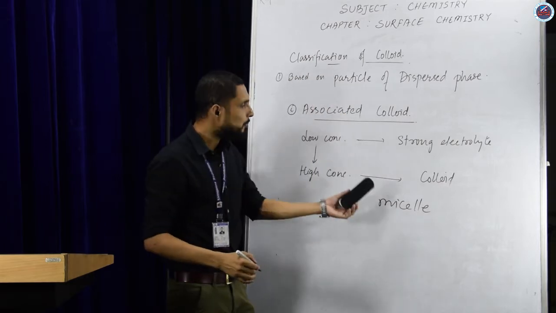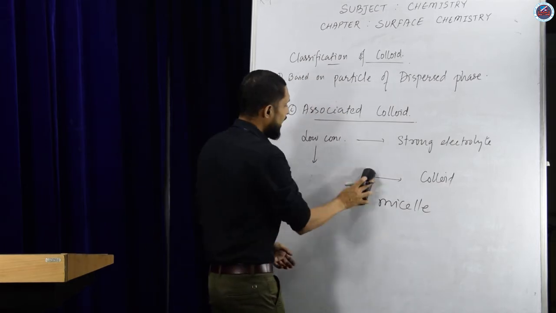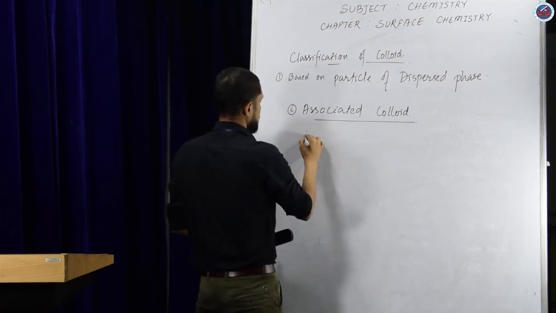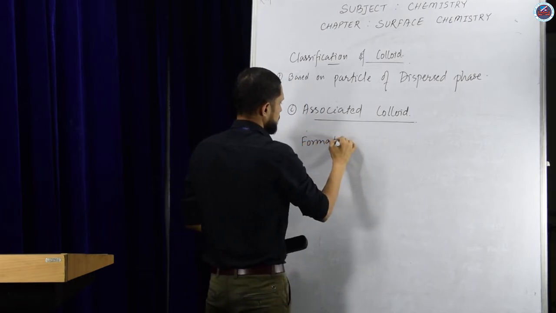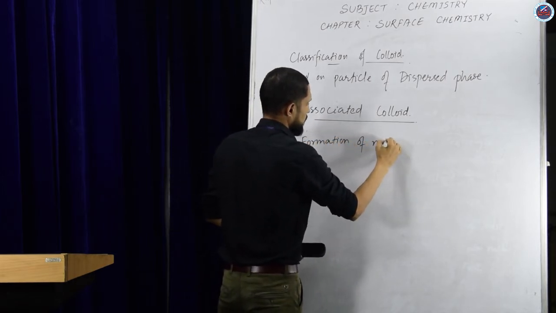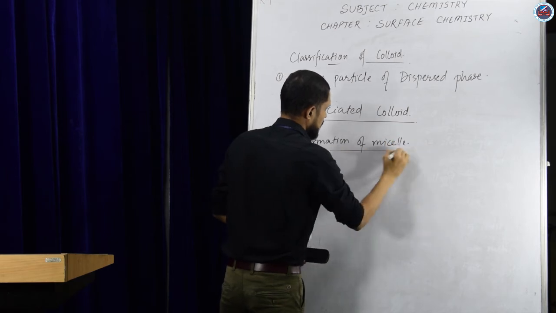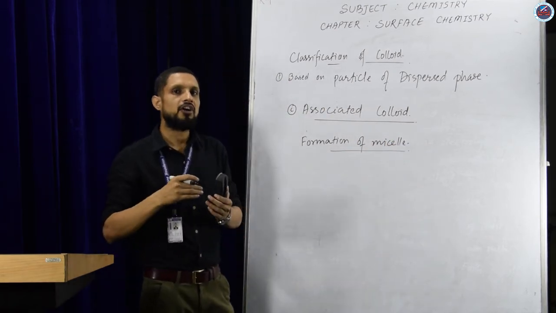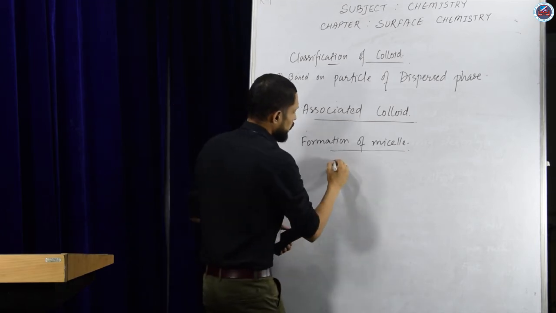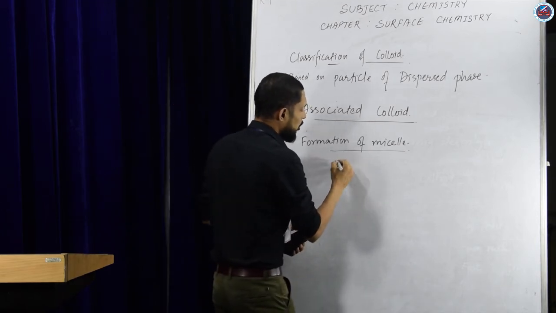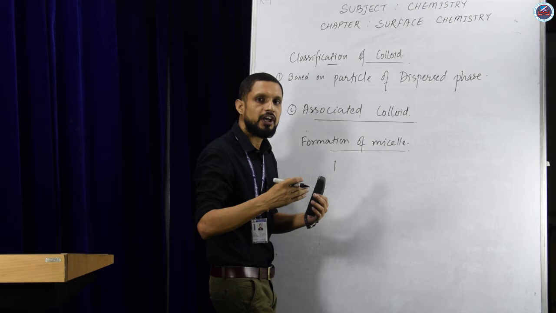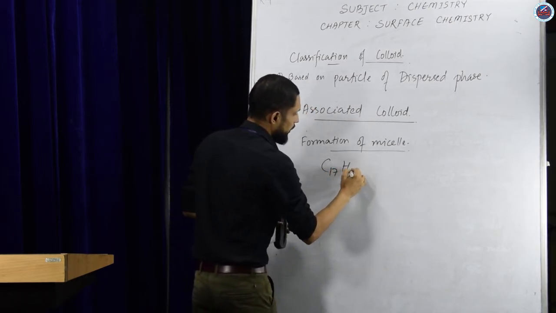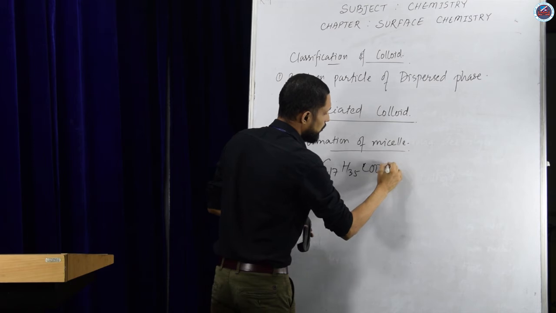So let us see the formation of micelle with the help of soap solution. Now, soap solution, I'm sure you know the structure of soap. Soap is defined as sodium or potassium salt of long chain fatty acid, C17H35COONa.